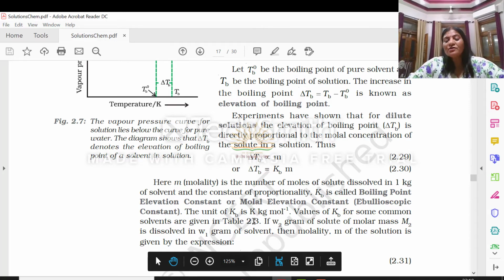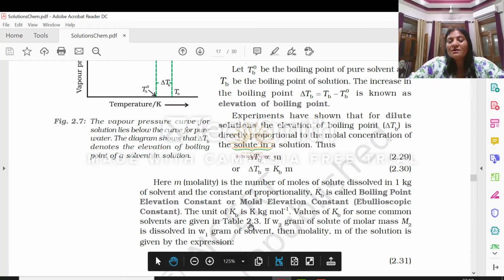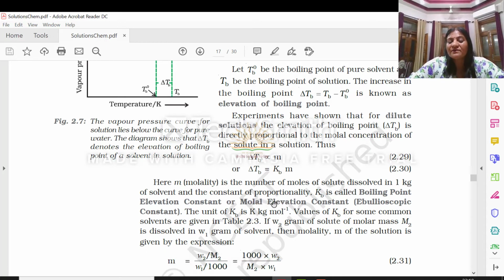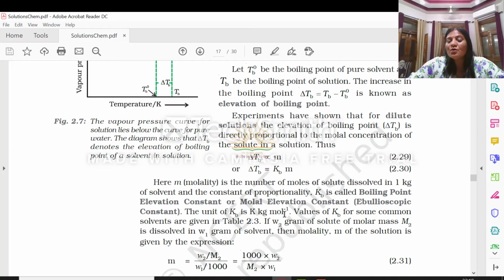The unit of Kb is Kelvin kilogram per mole. This can be asked as a 1 mark question: what is the unit of Kb? What is the unit of Kf? Molal boiling point elevation constant, molal freezing point depression constant. The unit is the same, Kelvin kilogram mole inverse.